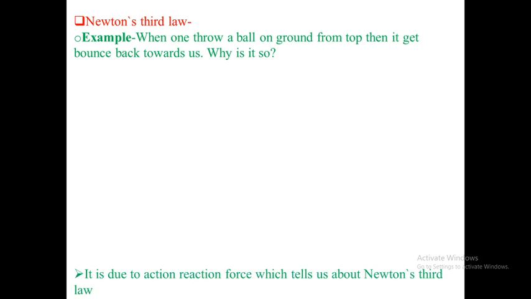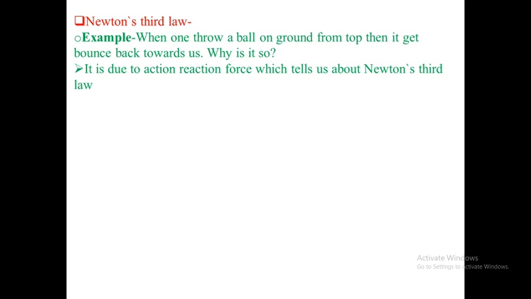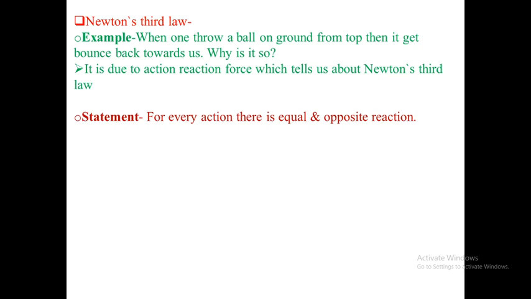So let's see why this is so. It is due to action and reaction forces, which are discussed in Newton's third law. So let's see the statement of Newton's third law. Newton's third law tells us that for every action there is an equal and opposite reaction. So this is the statement of Newton's third law.